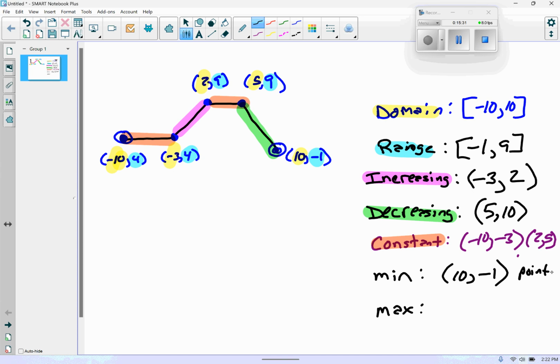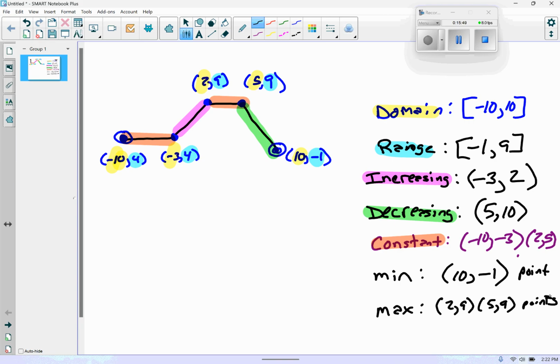And what's the max? It could be multiple points. Yeah. So 2, 9 and 5, 9. Both of these points we're going to classify.